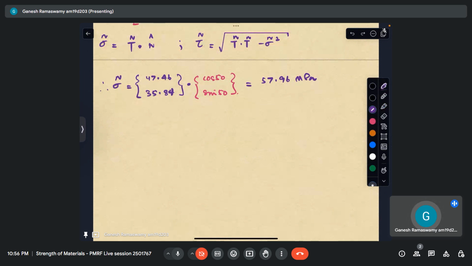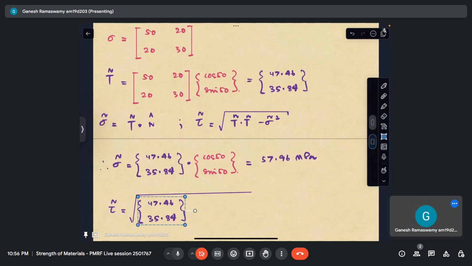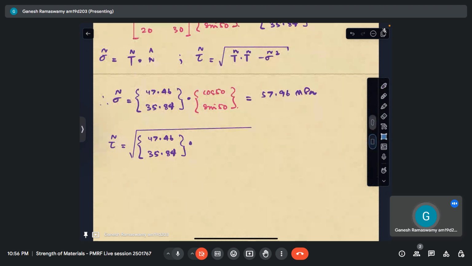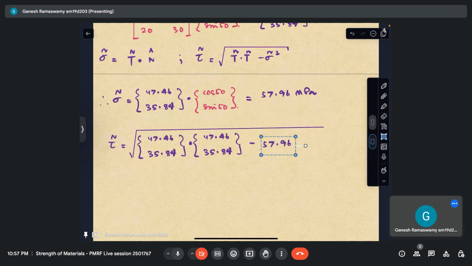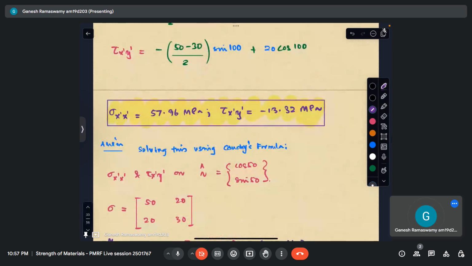Now coming to the shear stress, it is nothing but this dotted with itself minus square of this. So tau n comes out to be 47 dotted with this. This will come out to be 13.33 MPa. And what did we get from the stress transformation equation?